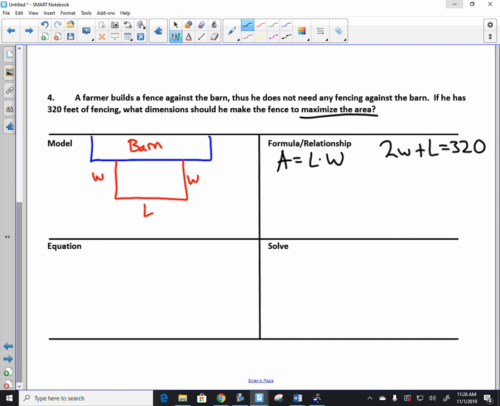Two W plus L is 320. Good. I've got a secondary equation. Now what? Good. L is 320 minus 2W.